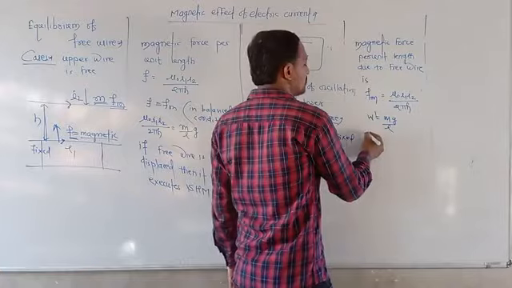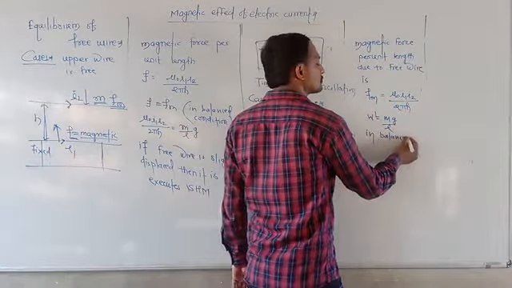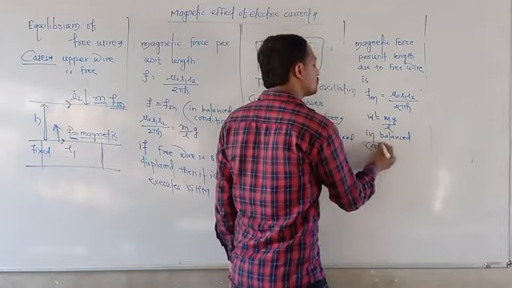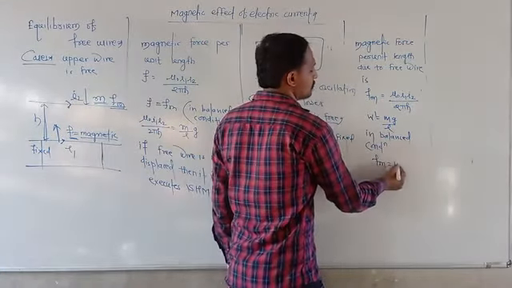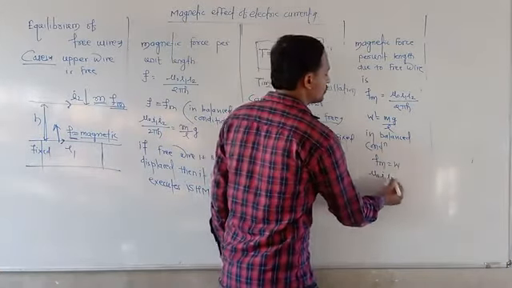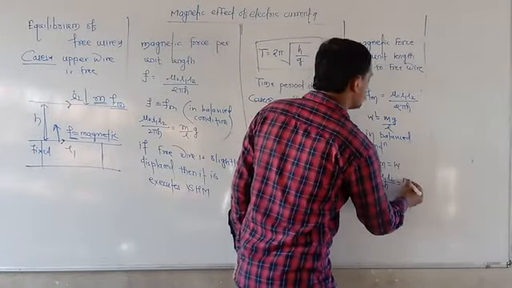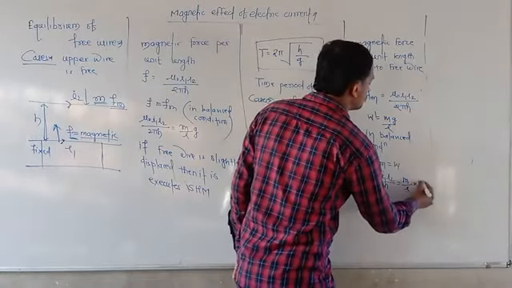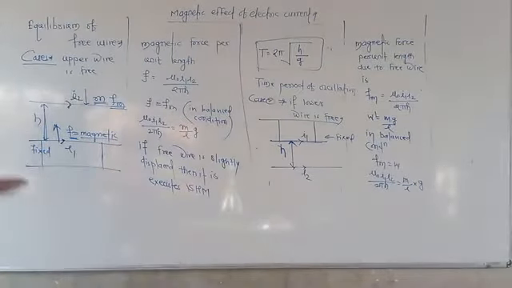So in balance condition, what happens? Fm is equal to W, means mu0 I1 I2 upon 2 pi h is equal to m upon L into g. So this is all about magnetic force due to two current carrying parallel conductors.